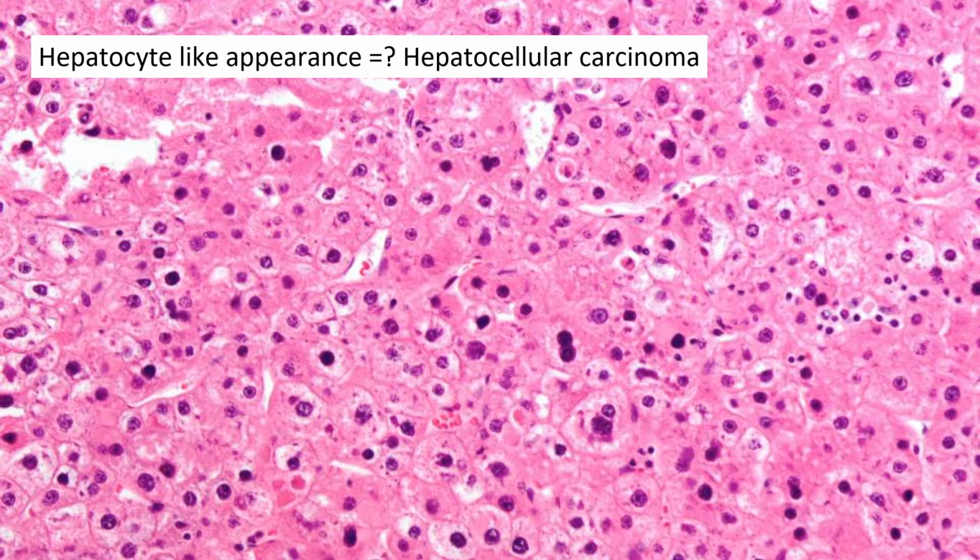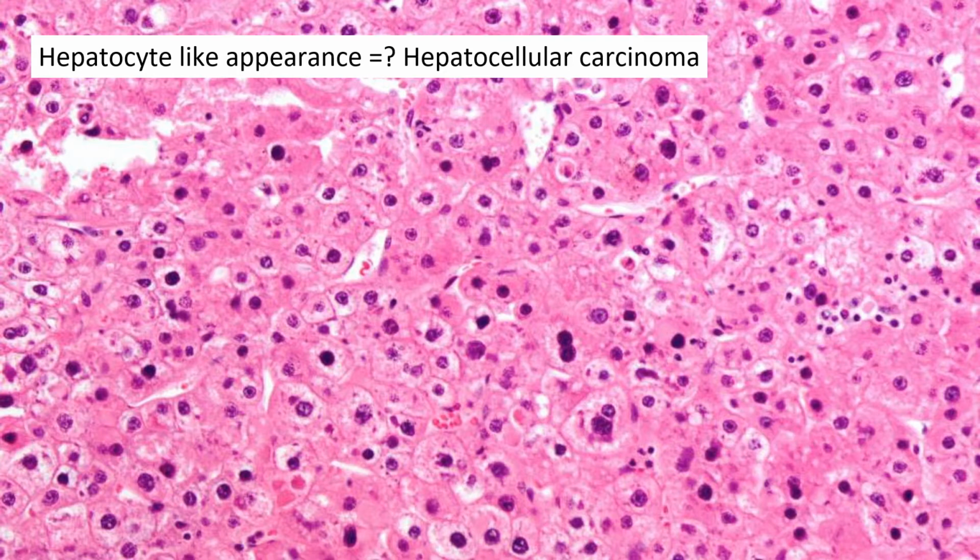Let's articulate for a second why these cells look like hepatocytes. Hepatocytes have a fairly characteristic appearance, right? Fairly abundant cytoplasm, often eosinophilic, distinct cytoplasmic membranes, round nuclei. You do often see some pleomorphism and big prominent nucleoli.